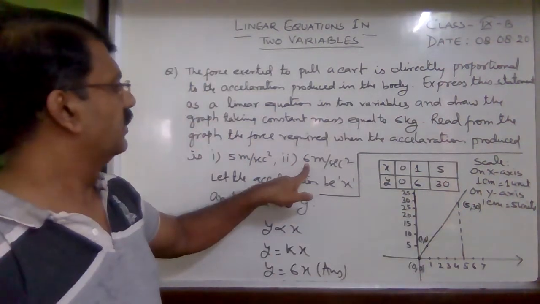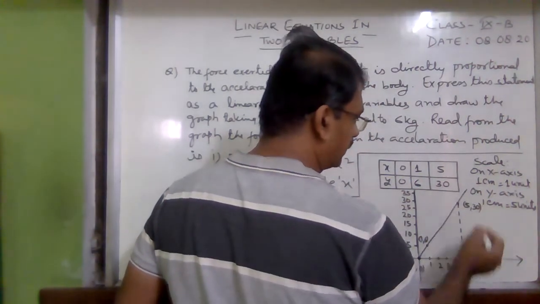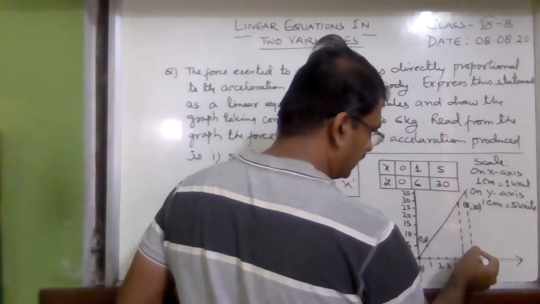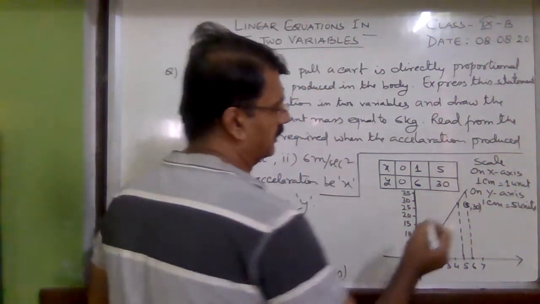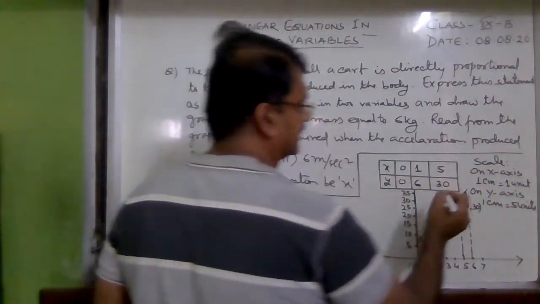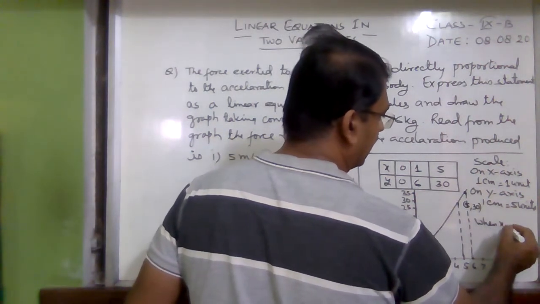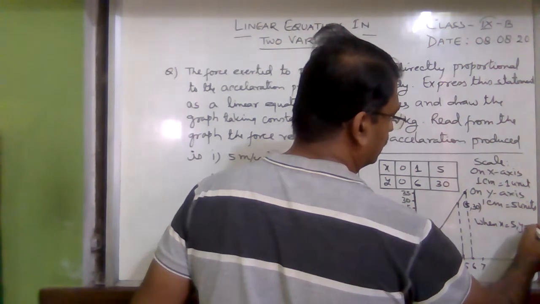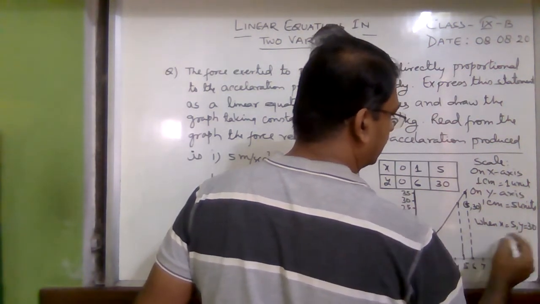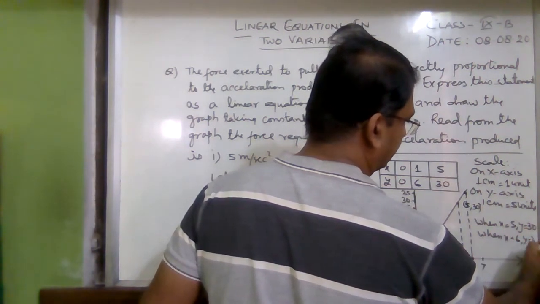And the second part, when x is 6, if you draw a line parallel to this line, when you draw an accurate graph on the graph paper, you will see this is nothing but 36. So when x is equal to 5, y is equal to 30, when x is equal to 6, y is equal to 36.